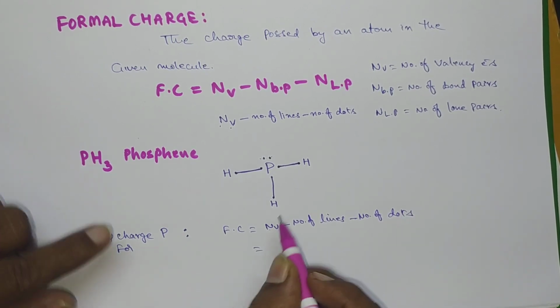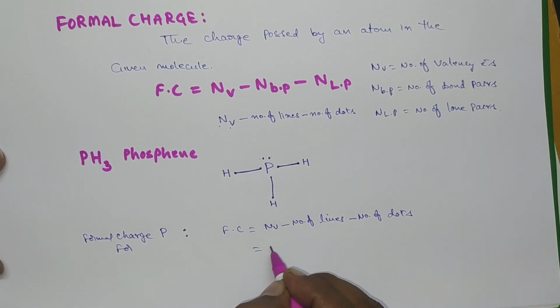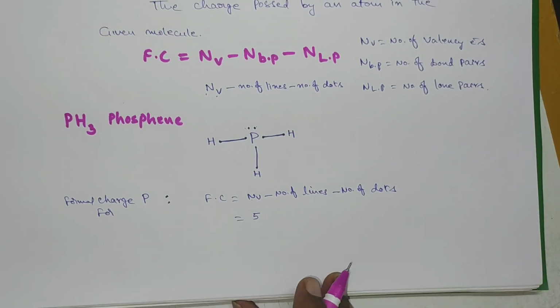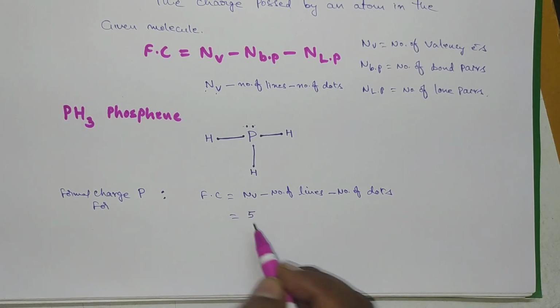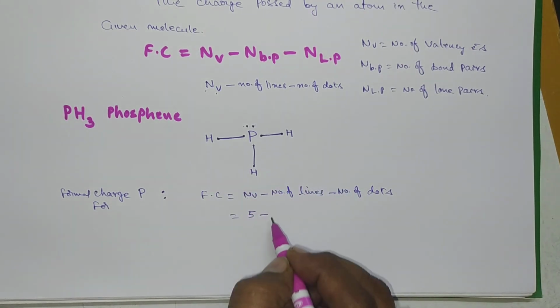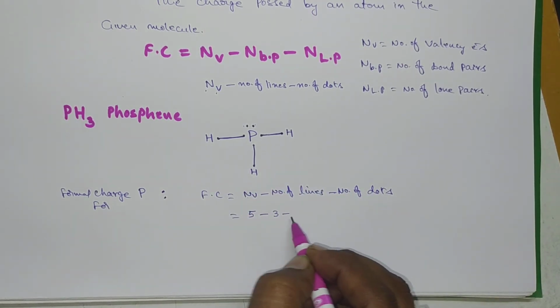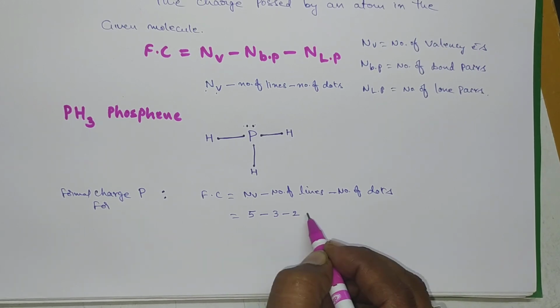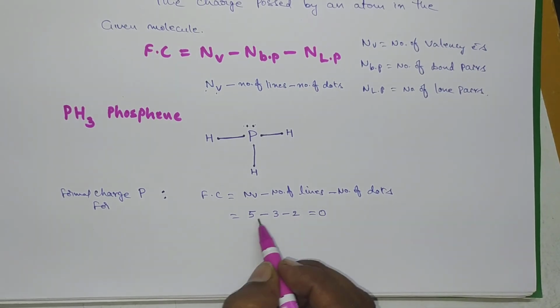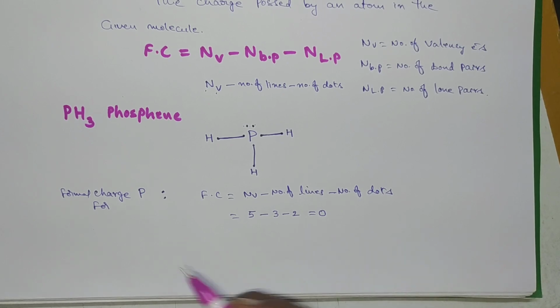The number of valence electrons for phosphorus is 5, since phosphorus belongs to the 5th group. The number of lines is 3 and the number of dots is 2. So the formal charge is 5 minus 3 minus 2, which is 0.